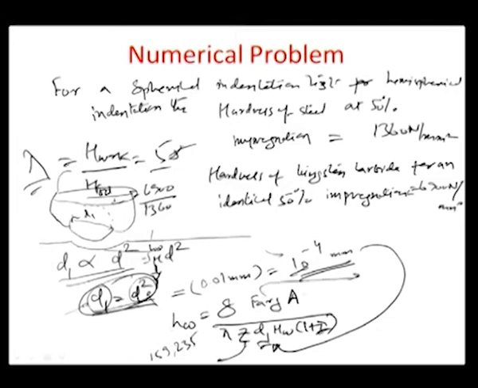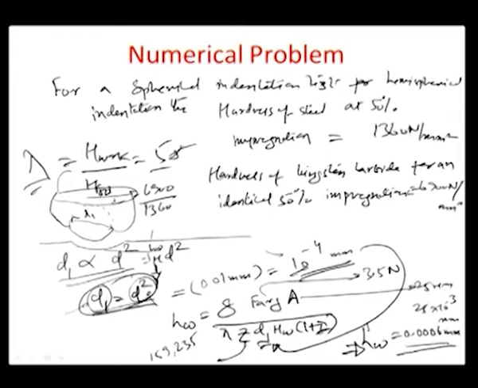The average force has already been illustrated before in the numerical problem to be 3.5 newtons. The amplitude of motion of the tool, the oscillation of the tool, is about 25 microns, which means about 25 times 10 to the power of minus 3 mm. So putting all these values here, the value of HW can be predicted as 0.0006 mm, okay. So that is the indentation depth.